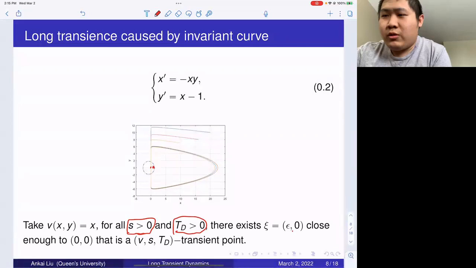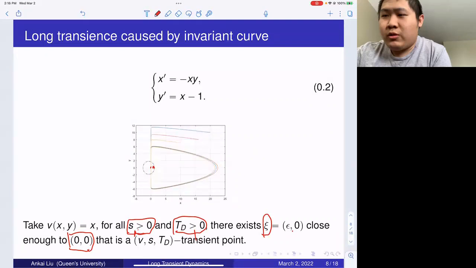In fact, in this example, we can see this psi, this long transient point, is not actually that special, because for any set of S and T_D, we can always find one. It's not unique in this dynamic. And in fact, this point right there, 0, 0, is truly the special point, because it doesn't matter what S and T_D we choose, as long as we stay close to 0, 0, we can always find a transient point.